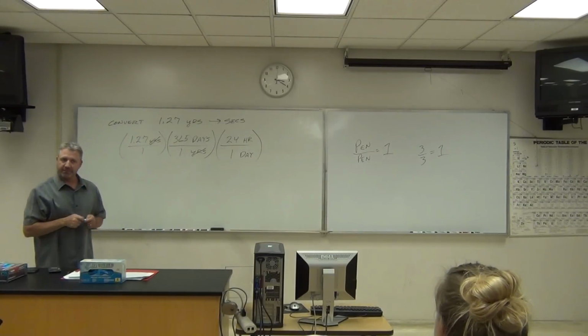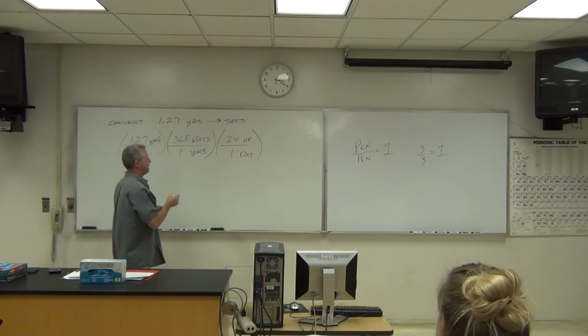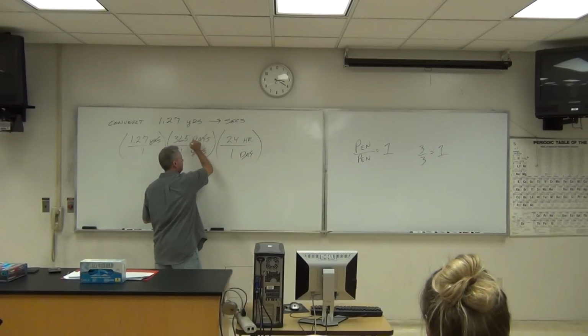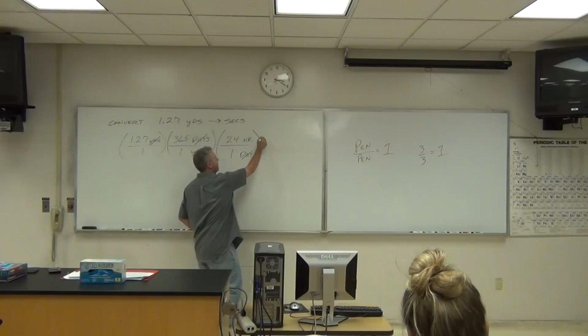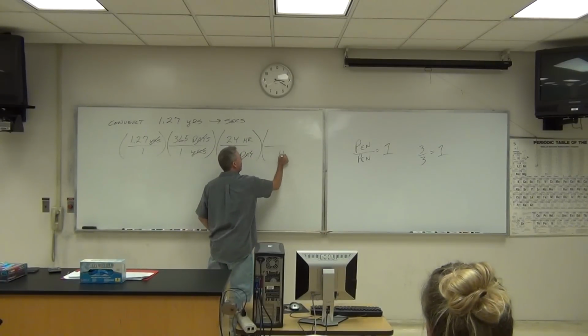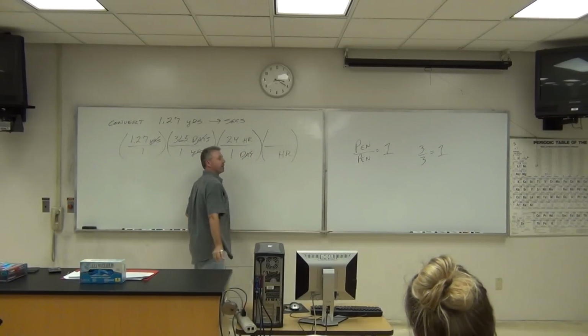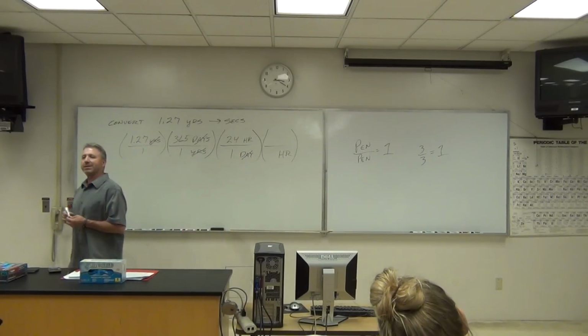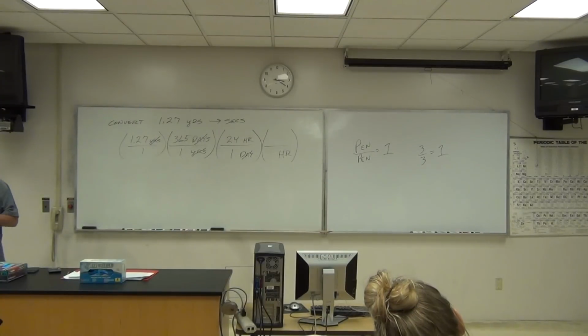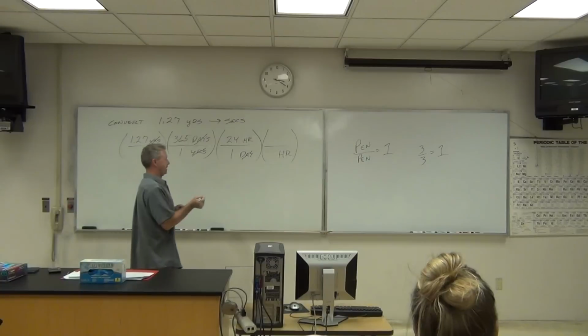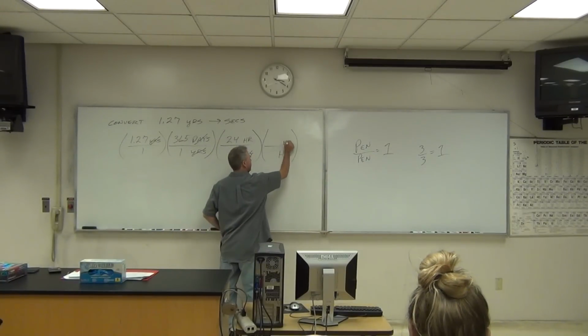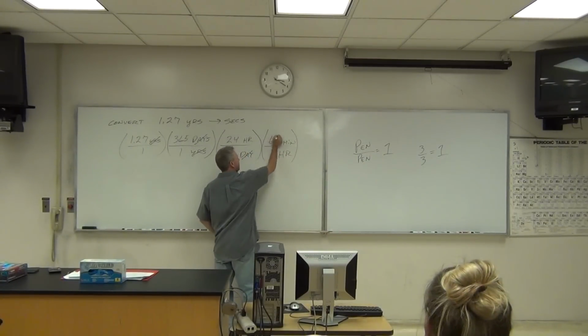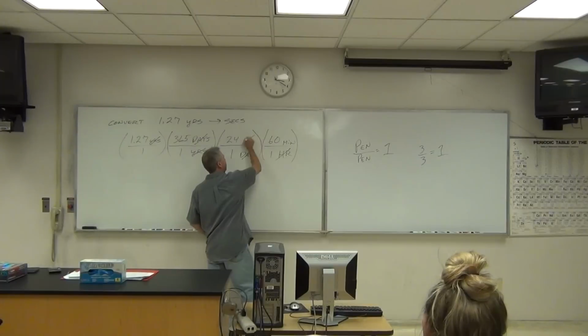That's our conversion. I got day in the top, day in the bottom, done. Next, don't know. But I do know I'm going to have hours in the bottom because I have to. Where am I going to take hours to? Minutes. What is that conversion? 60 and 1.